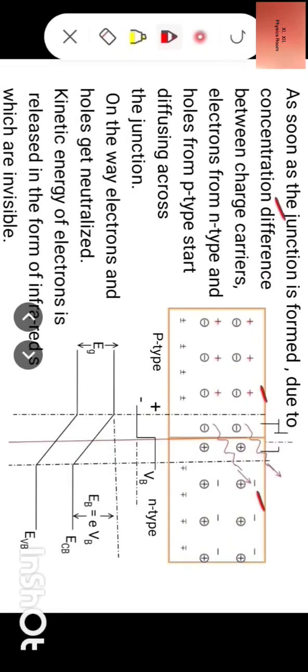On the way, electrons and holes get neutralized. That is, an electron hole pair gets annihilated. The kinetic energy of electrons is released in the form of infrared, which is invisible to the human eye.